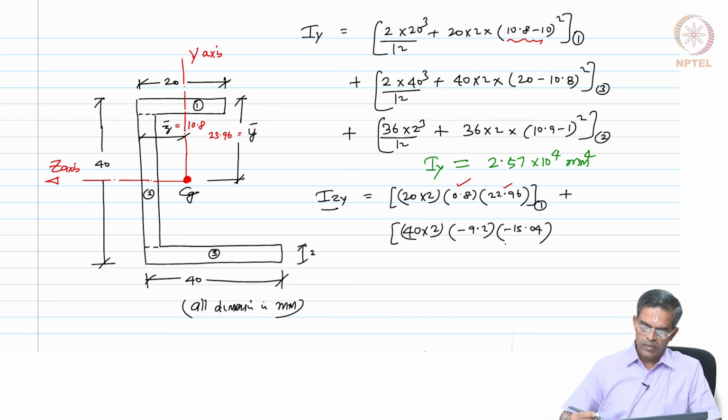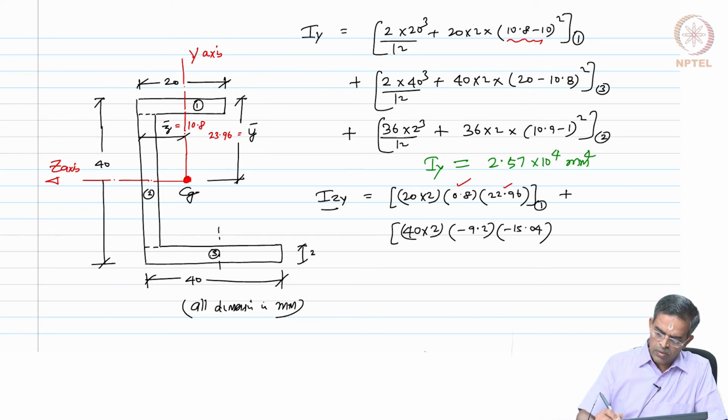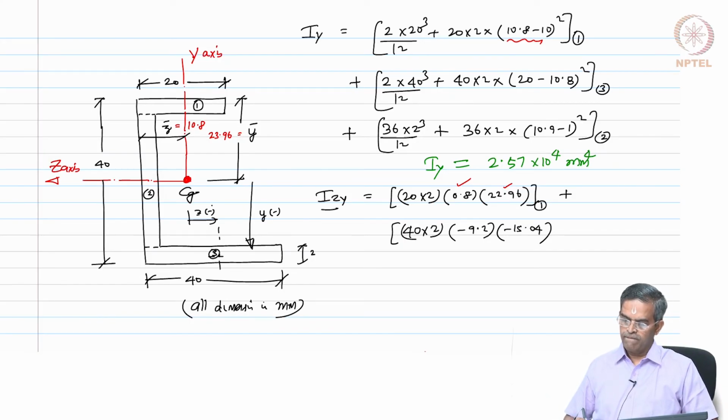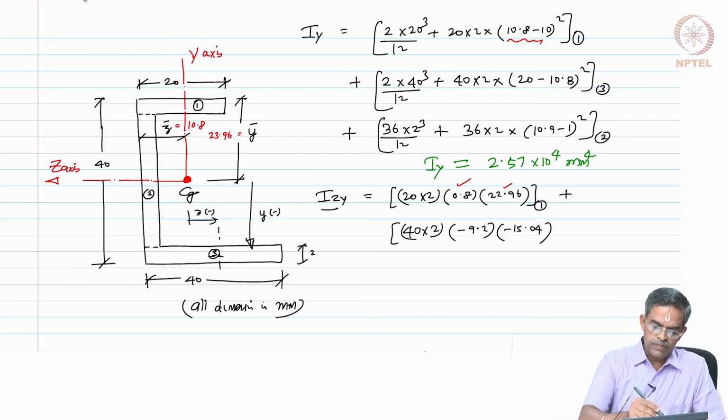You can very well see the CG is located here. So, it is negative in terms of y, it is negative in terms of z. Okay, and these values can be seen from here.